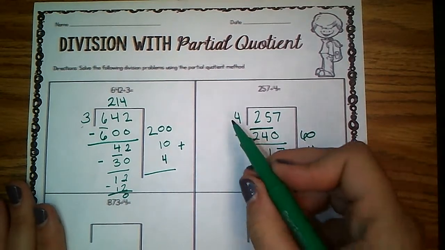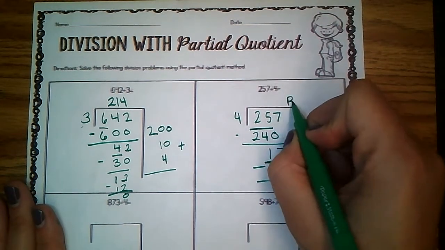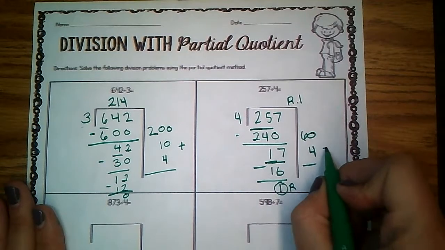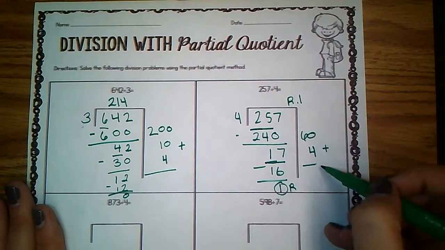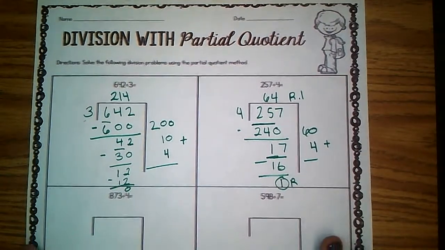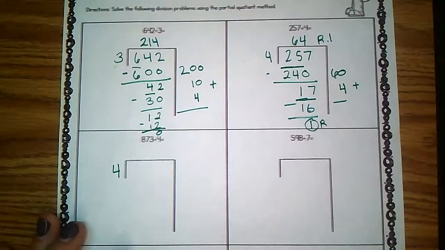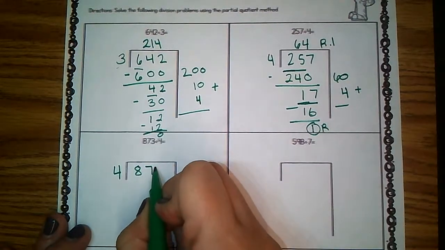Since this number is smaller than the divisor, it's going to be the remainder. I move that up to the top, remainder 1, and add up my partial quotients. 60 plus 4 is 64. 64, remainder 1.